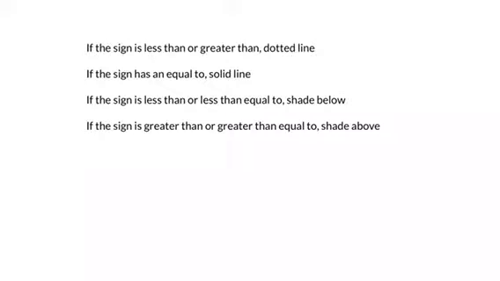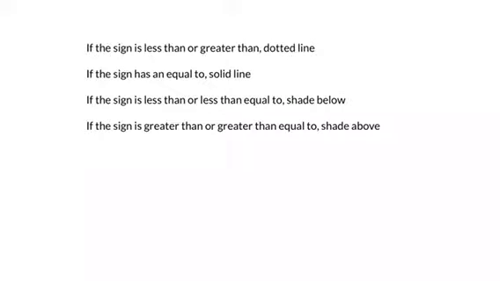So this is the part that's a little different. It's pretty easy though. If you remember when we graphed inequalities on a number line, depending on whether it was less than or less than or equal to, we changed the dot. If it was less than, it was just an open circle. If it had an equal to sign on it, we filled it in. So kind of the same thing here.